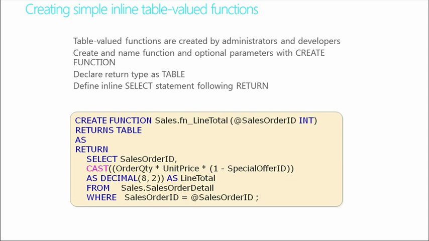It uses RETURN with a select statement, which uses CAST to do a conversion and create a field as decimal 8,2, and it grabs the information from sales order detail where the sales order ID equals the passed variable, whatever we passed in for the sales order ID. So it's going to match it up, and it performs this function based on the sales order ID compared in that where clause.